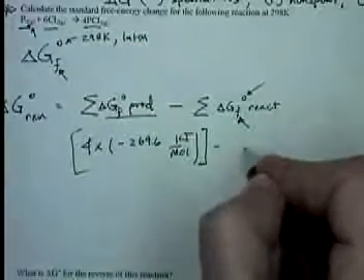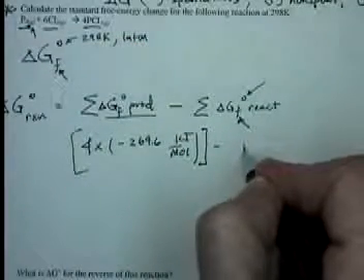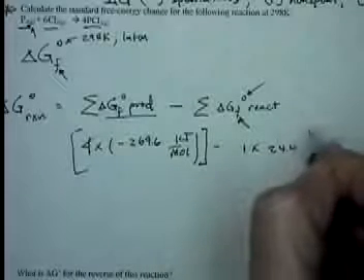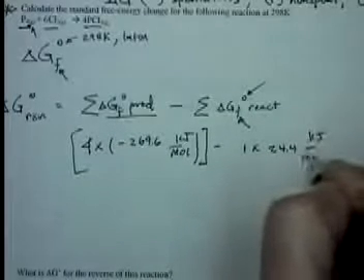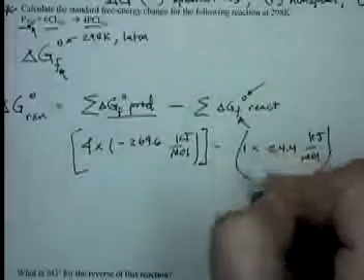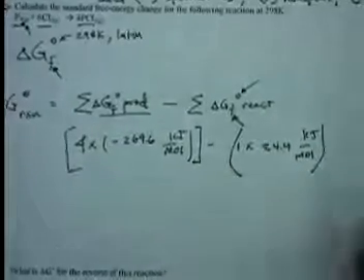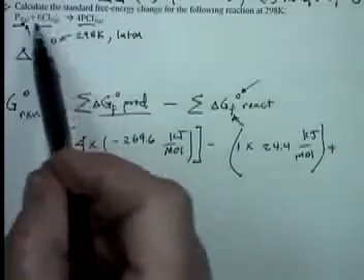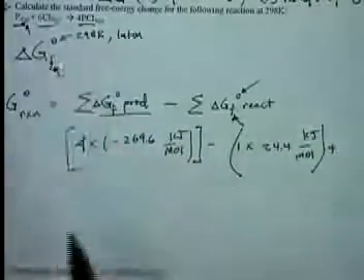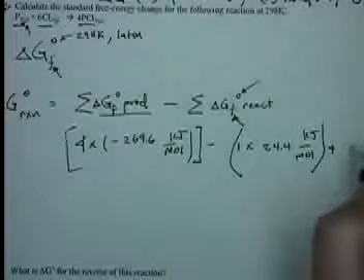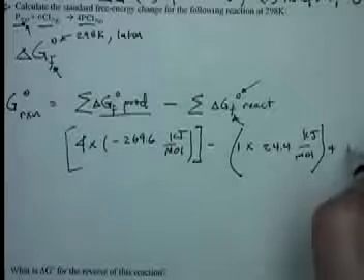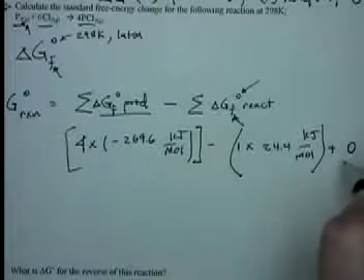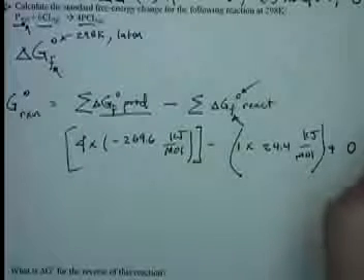And that has a value of, we have 1 of those, 24.4 kilojoules per mole. And then we have to add to that the standard free energy of formation for Cl2 gas. Chlorine in its standard state has a standard free energy of formation of 0. So we add 0 to that.